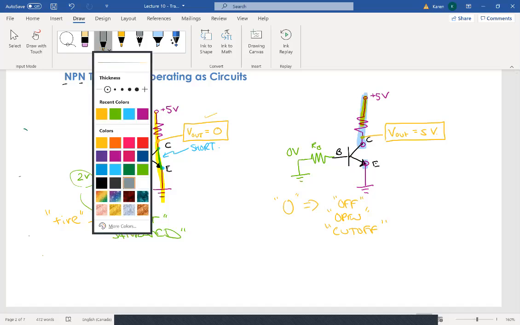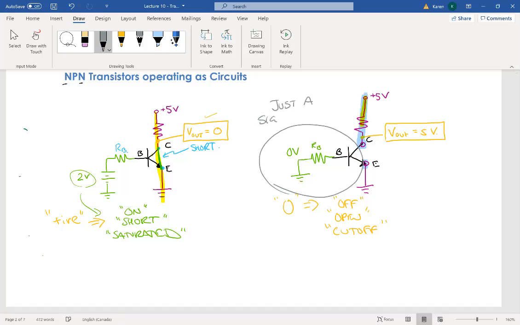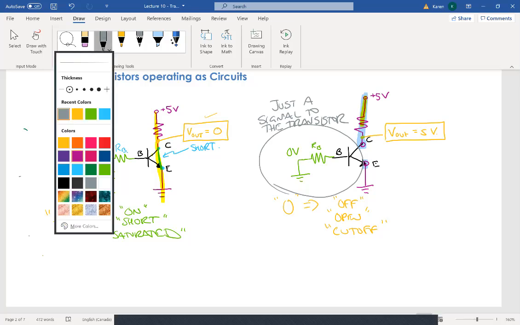It's that over here, all this is sort of an input. It's just a signal to the transistor, and the circuit itself is just here.